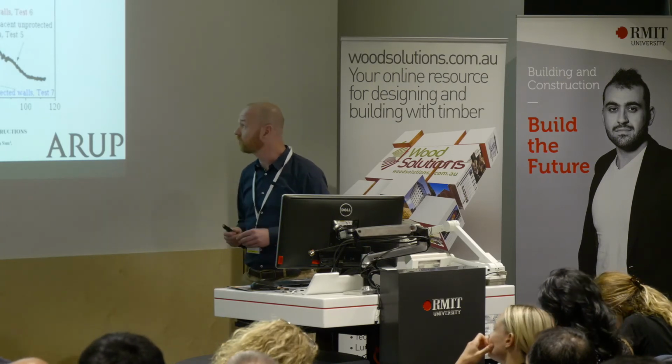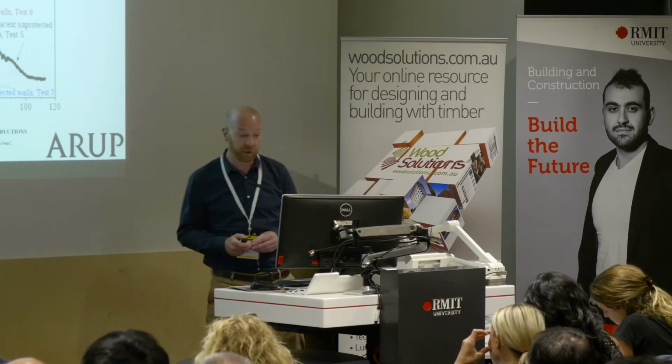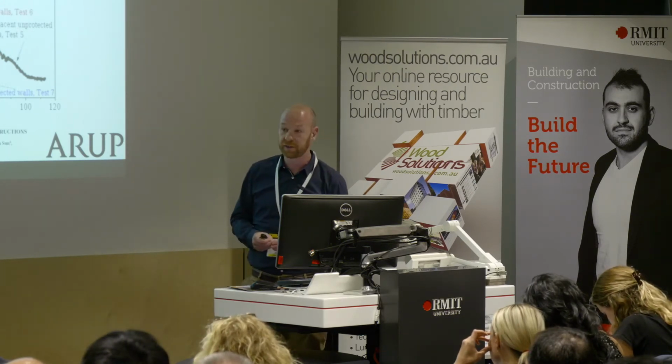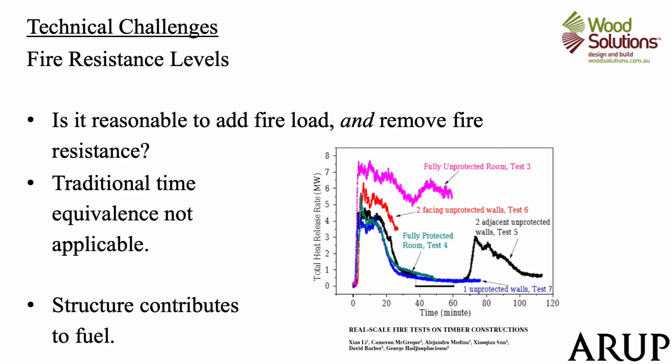Just to illustrate how much, I've included an excerpt from Xiao Li's paper from Carleton University in Canada. This is basically a room test, and the light green line is a fully protected room, so this is really the heat release from the furniture against time.